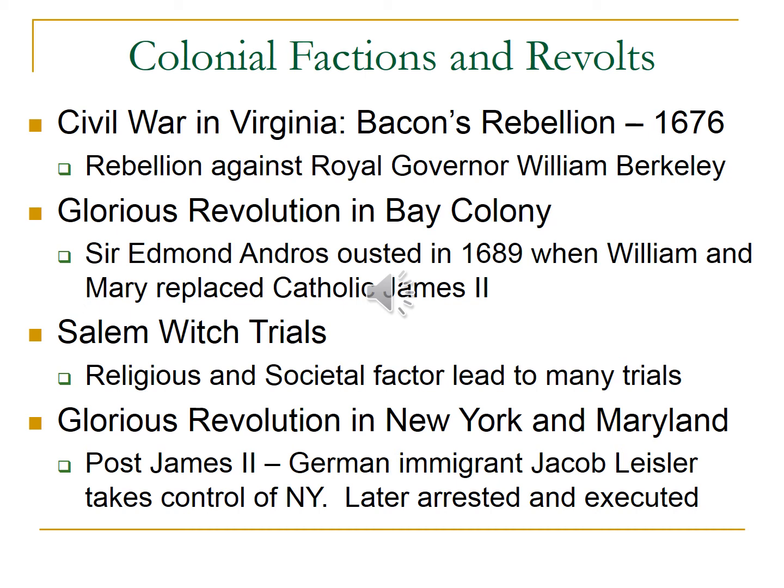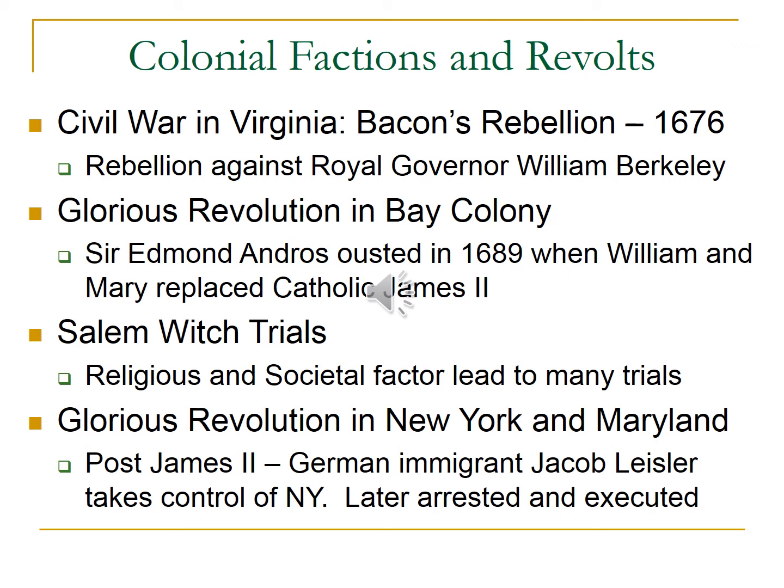But you start seeing divisions. It's almost like the elites of the coastal areas, the old money of the coastal areas, versus many of the new immigrants who couldn't afford to settle on the coastal areas, and had to settle in the back country, deeper into the woods, deeper into the colonies, to eke out a living.